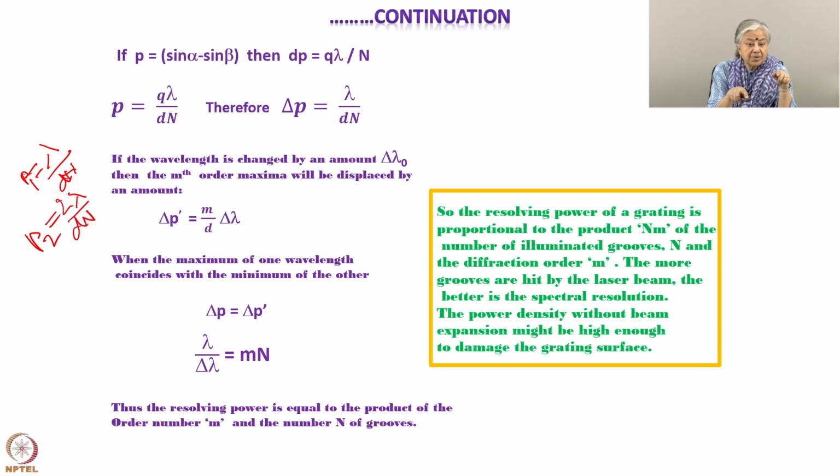And delta P, P2 minus P1, I am calling it delta P. That small change in P is given by lambda upon dn. This minus this will give you lambda upon dn.